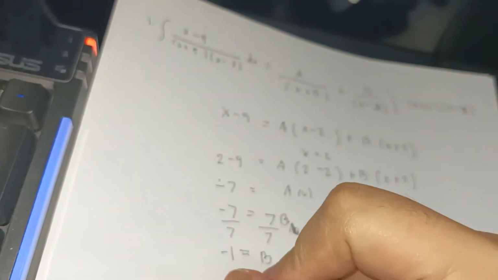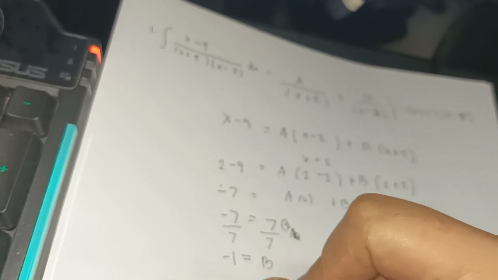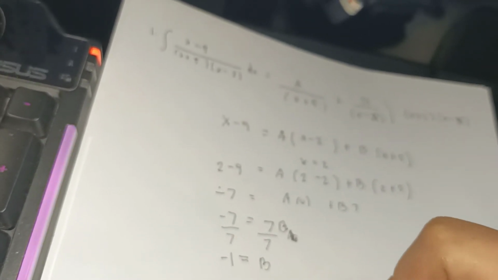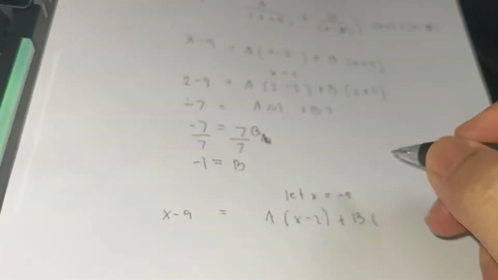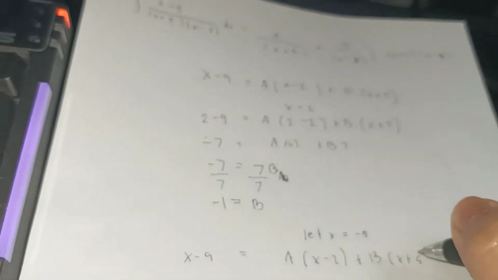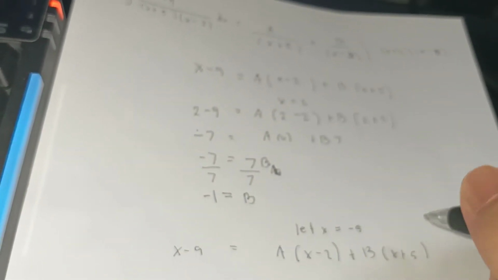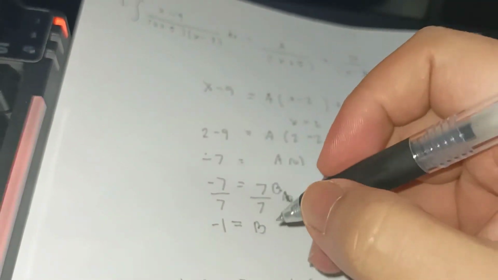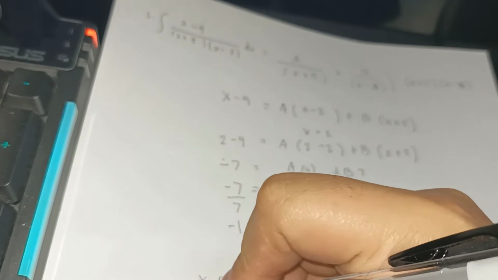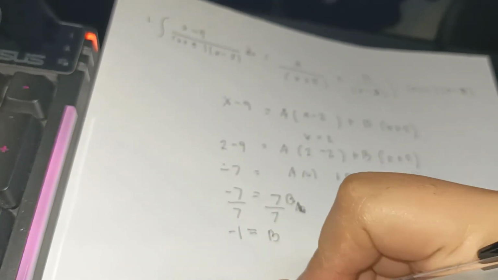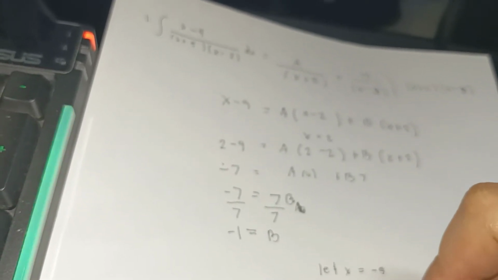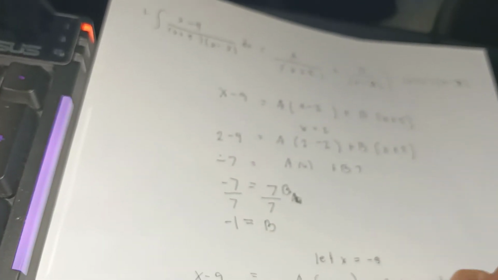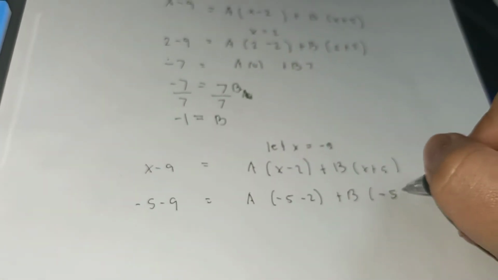Also same process, x minus 9 equals A times x minus 2 plus B times x plus 5. Now let's solve. Since it's negative 5, negative 5 minus 9 equals A times negative 5 minus 2, plus B times negative 5 plus 5.